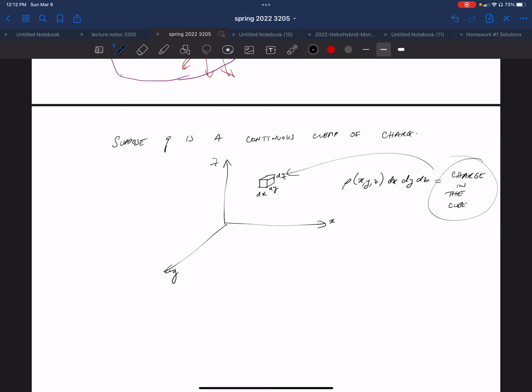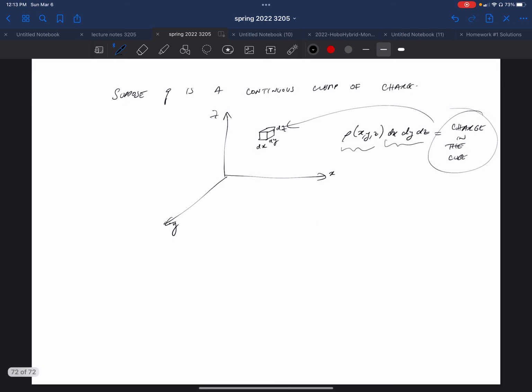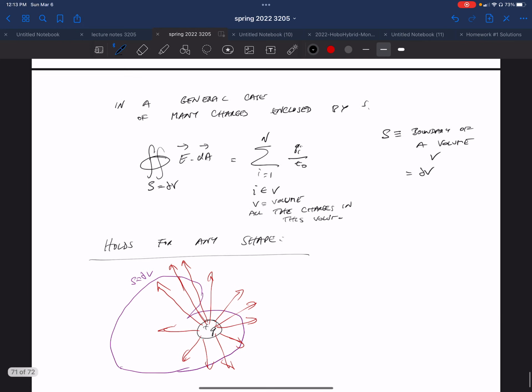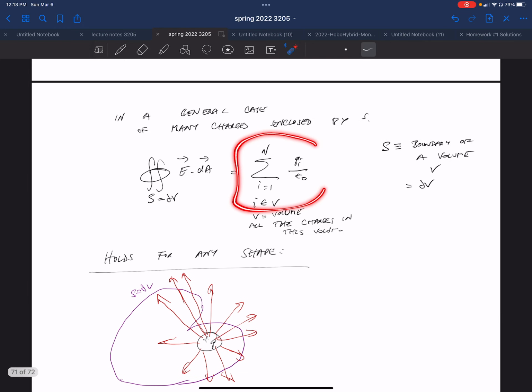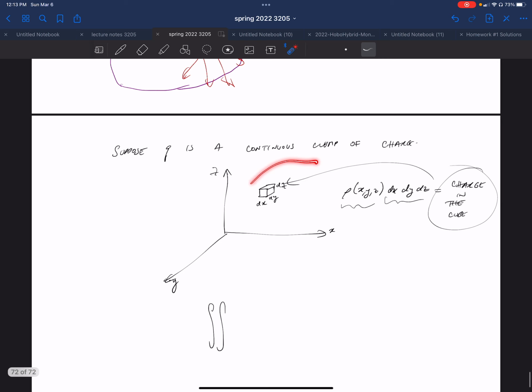So the charge would be the charge density times the volume, which gives the charge in this little cube. And if we talk about charge density, we're basically replacing this summation with a charge density in the case where you have a continuum of charges.